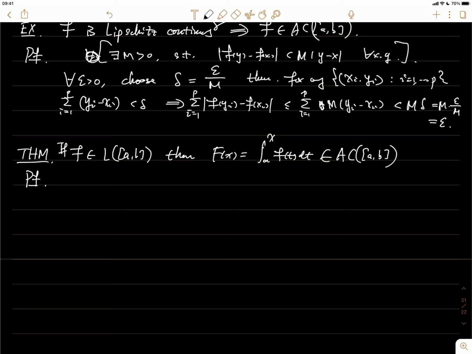we need to recall the definition of absolute continuity and show that this capital F satisfies that. First of all, we know that f is integrable, so it has the continuity property.